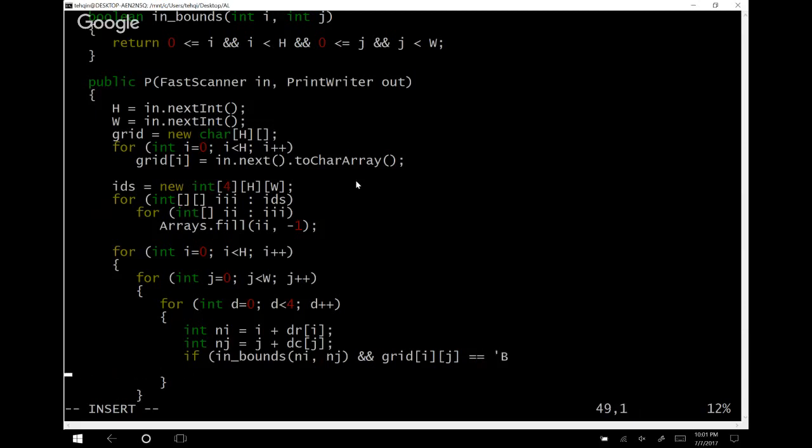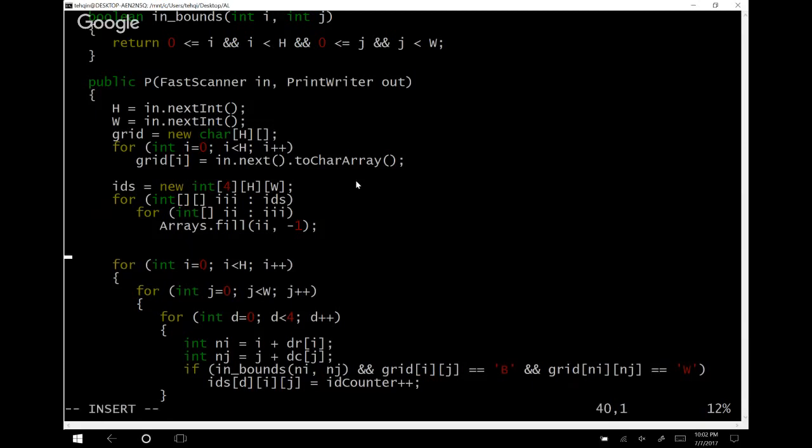So I need to check one of these cells has to be black. The other cell has to be white. And if that's the case, the ID that's currently here in this direction, at i, j, is going to be equal to the current ID counter.